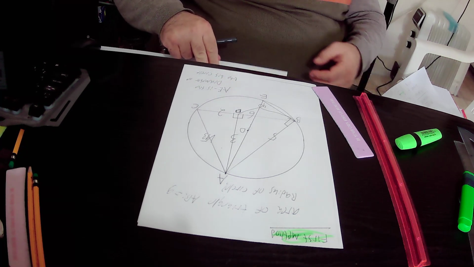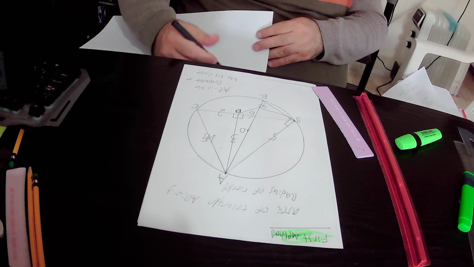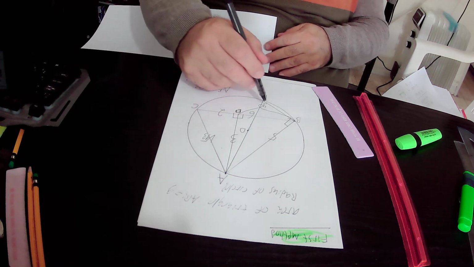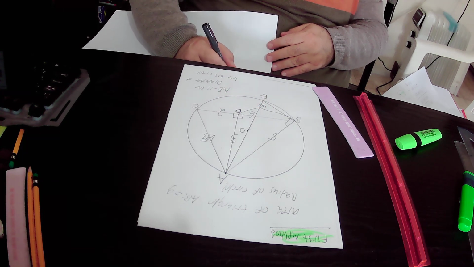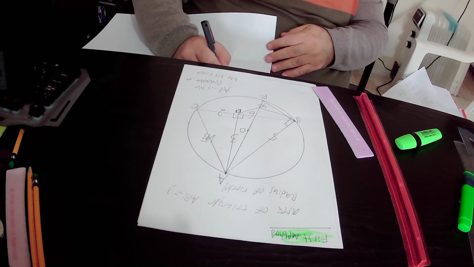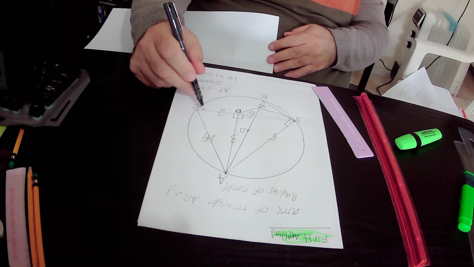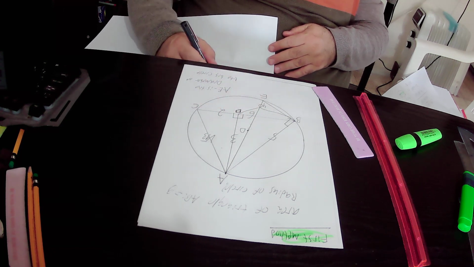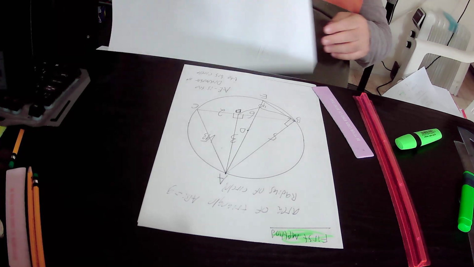So according to the rule, angle AEB must be equal to angle ACB, which also rests on the same chord AB.